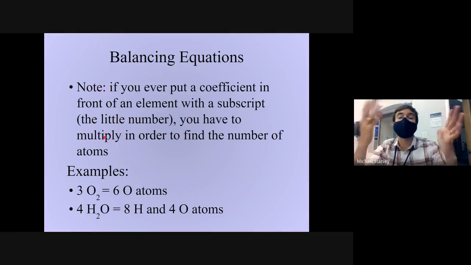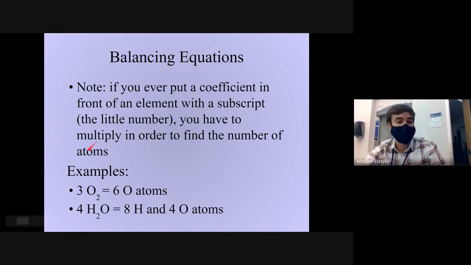That's the only real math besides some counting that you need to know in order to do this: if you have a big number that interacts with the little number down here, you multiply.